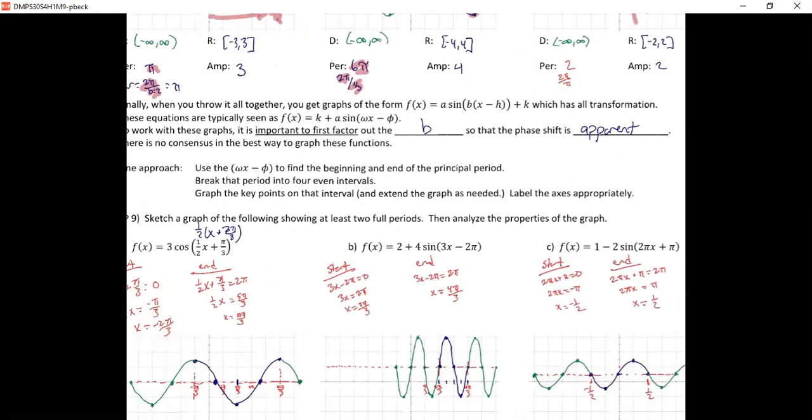What's important for us to analyze so that we can see the phase shift is we do need to factor out that b so we understand what the phase shift is. Now that phase shift we can write algebraically as phi divided by w or as h divided by b. Feel free to memorize that if you wish.